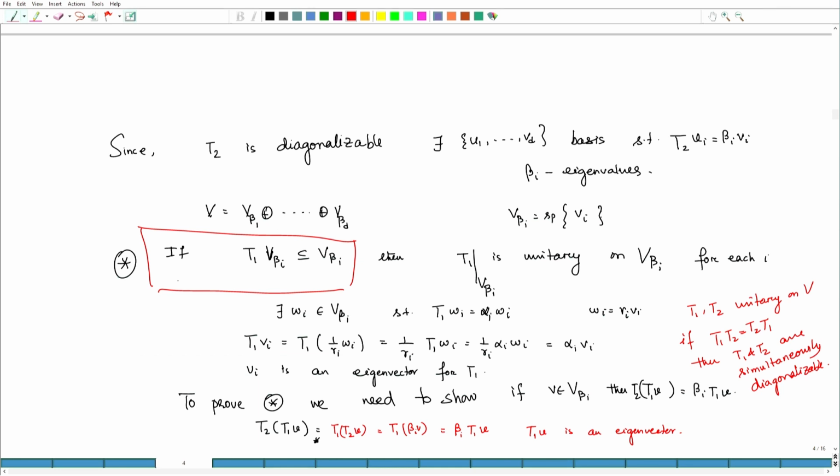This suggests the question: what if I have an n-tuple of unitary operators on an inner product space V that commute with each other? Can they be simultaneously diagonalizable? In fact, that is going to be true, and in the next lecture we will see the proof. The proof will be by induction. Thank you.